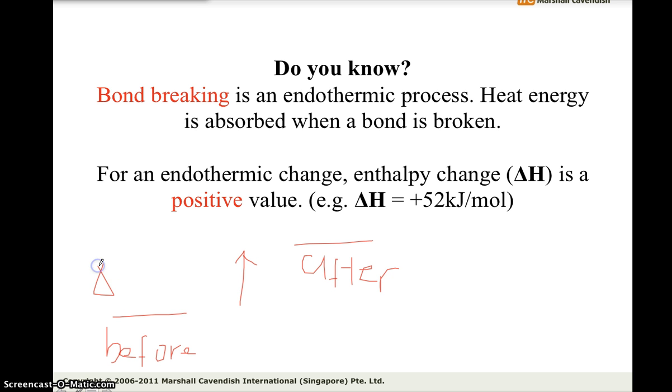Therefore, you can see that the enthalpy change, delta H, has a positive value. Look at the direction of the arrow, it is going up. So it has a positive value because heat energy is actually taken in. It goes from a low energy level to a higher energy level.